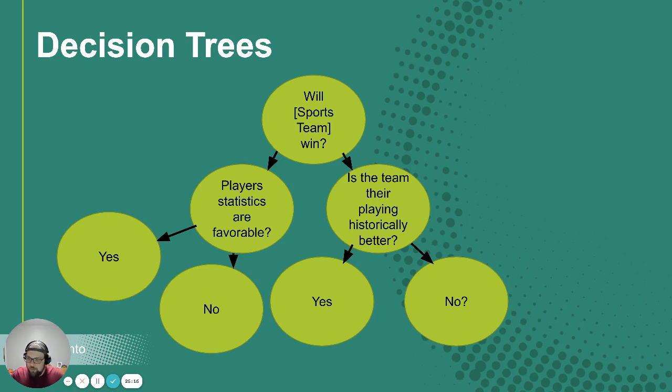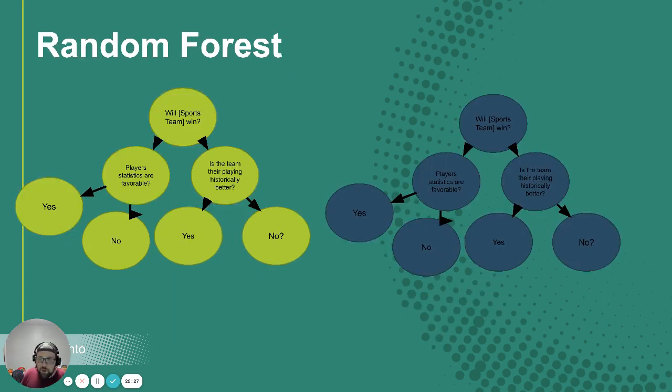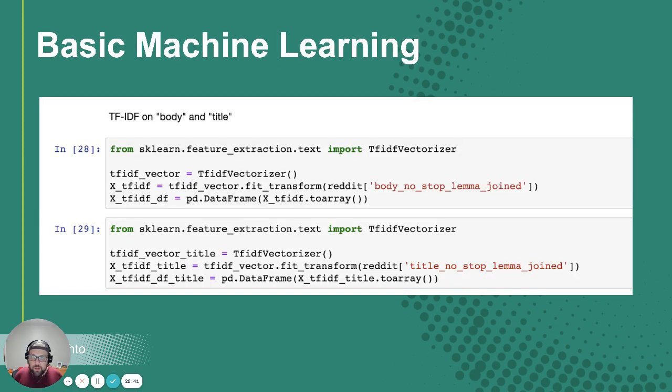So you'll break out all these different features, and it'll go through the different trees and say, given this combination of features, we think the outcome will be X or Y. Random forest takes that to the next level, basically combining a whole ton of decision trees and finding the best decision tree for that data set. And it's a basic type of machine learning.